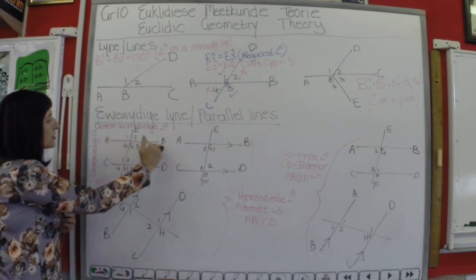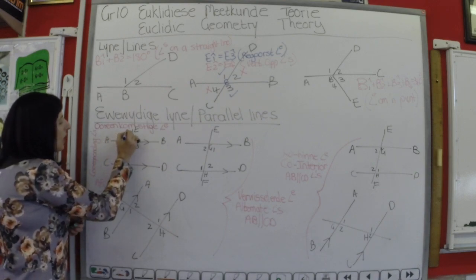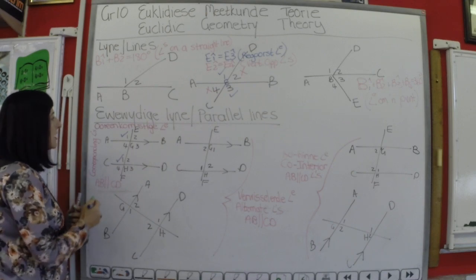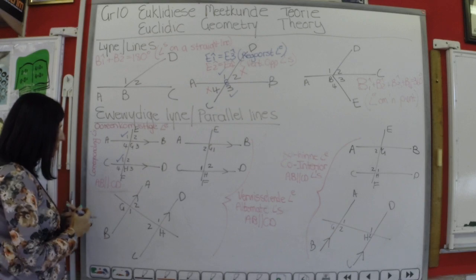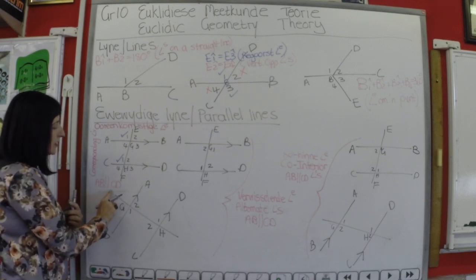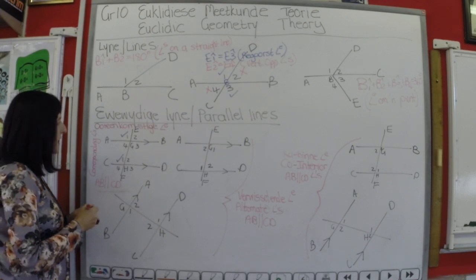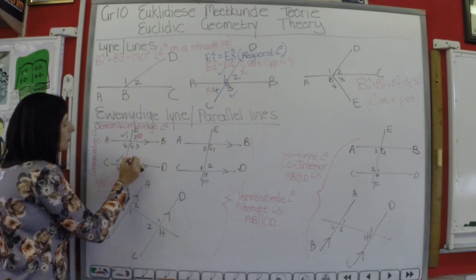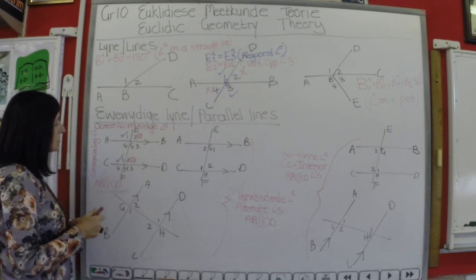If you look at these 2 parallel lines, then we can say that E1 equals C1. Why? It's corresponding angles. Because AB is parallel to CD. 2 more corresponding angles will be E2 is going to equal H2. Goed.